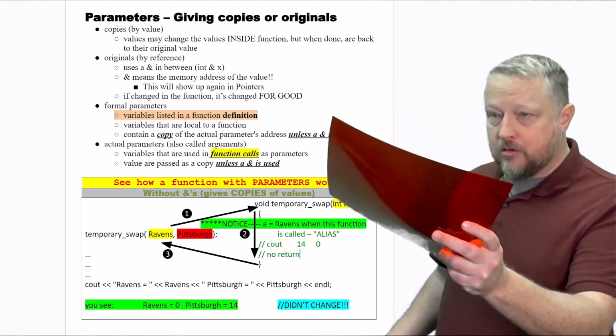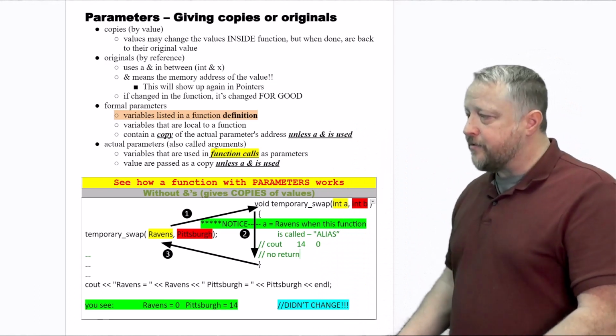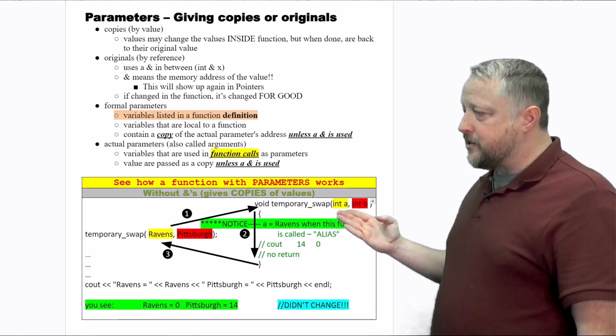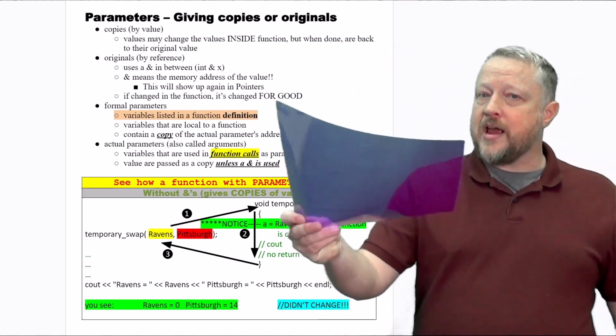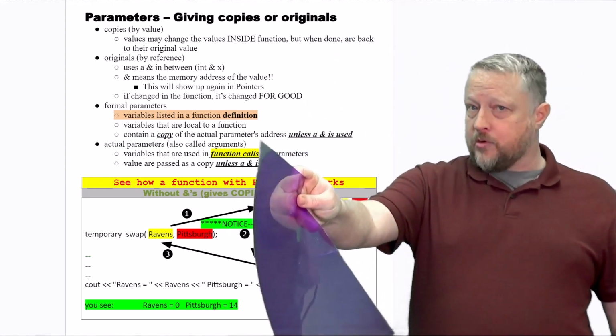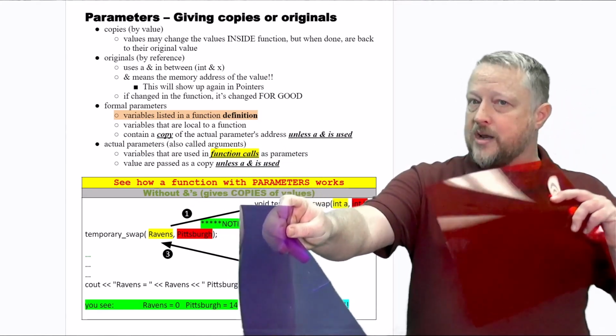If it doesn't have the ampersand, as in this example with A and B, I am passing you a copy. You can do whatever you want with that copy, but the original will still be untouched.